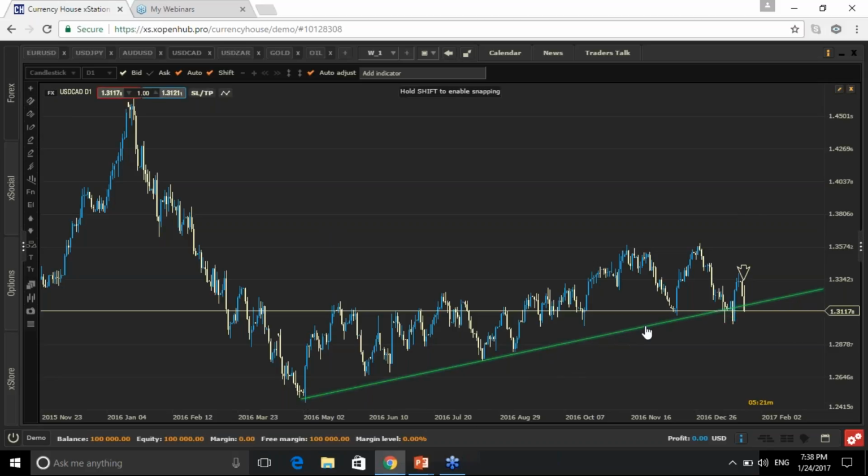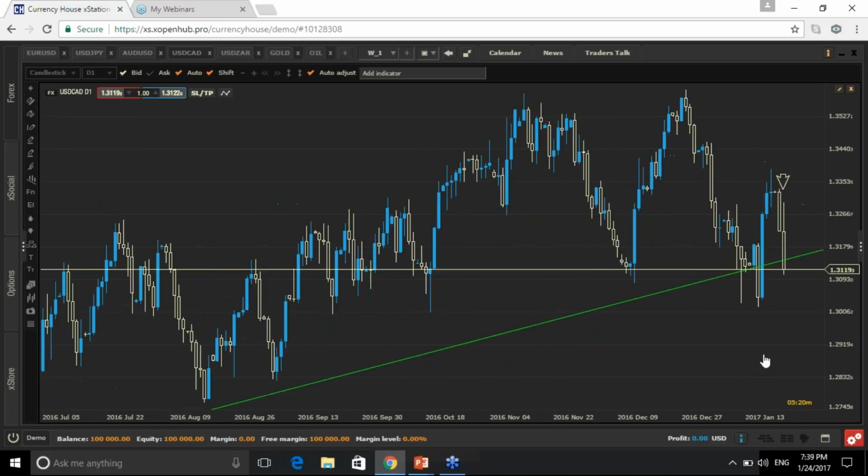We can even build a strong support line. We see that several times during the past year the price bounced back up from this line and all of the tests were unsuccessful.